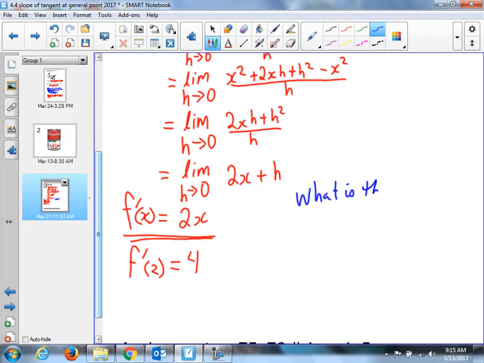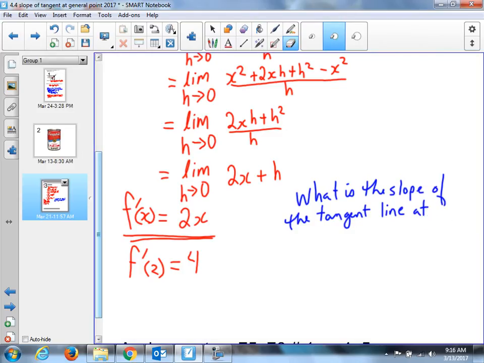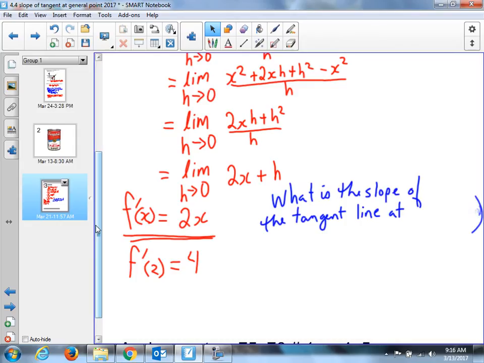What is the slope of the tangent line for this function at, I'm going to go with one even better, at negative 12, f of negative 12.